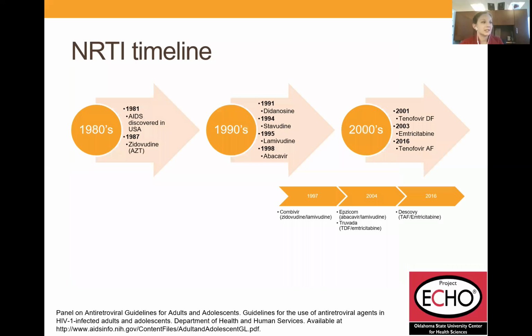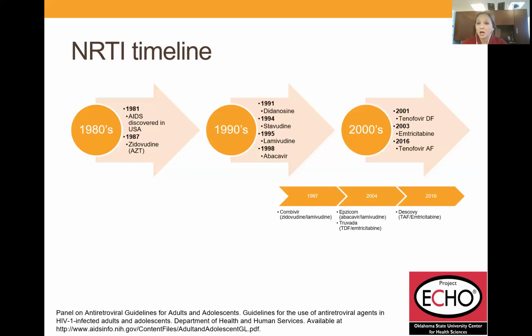So from the NRTI timeline, in 1981, AIDS was discovered in the US. It's thought now, looking back in history and doing some other scientific studies, that it had been here since the late 60s or the early 70s, but it was actually discovered as a disease in 1981. In 1987, we got our first drug, which was an NRTI, zidovudine, commonly known as AZT.